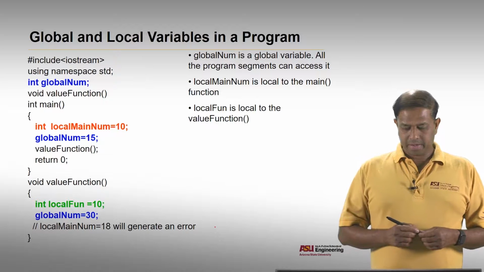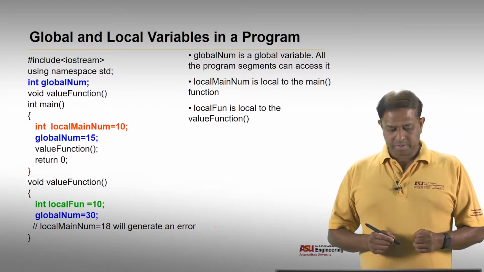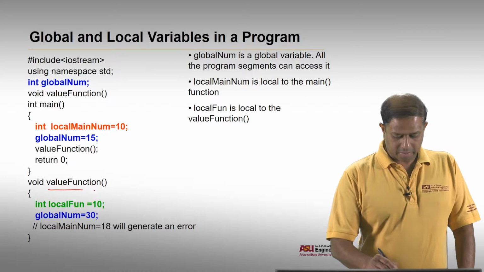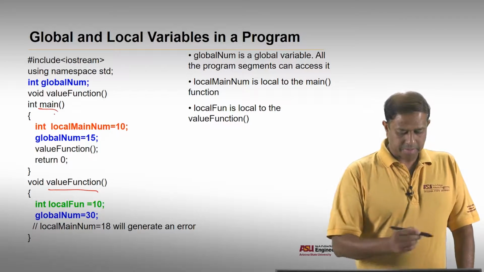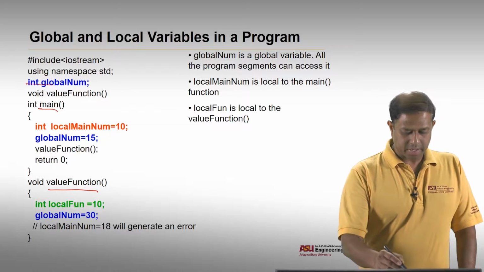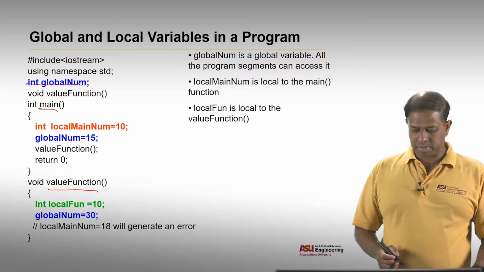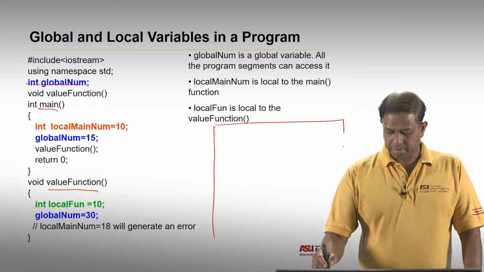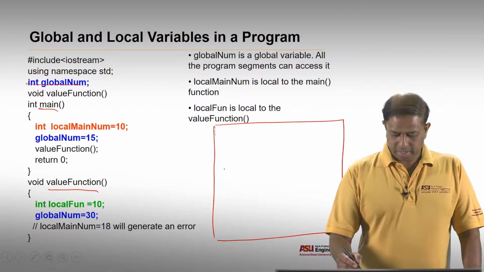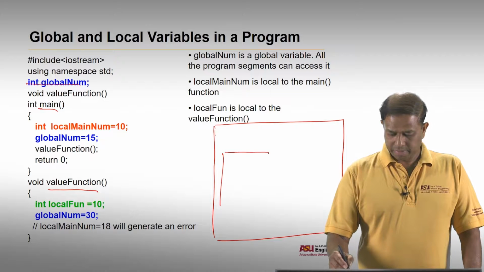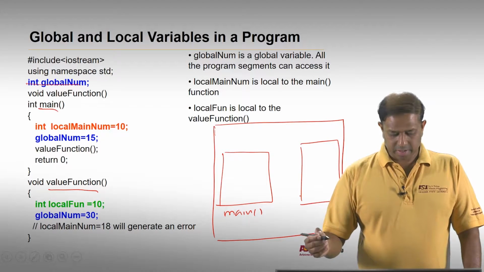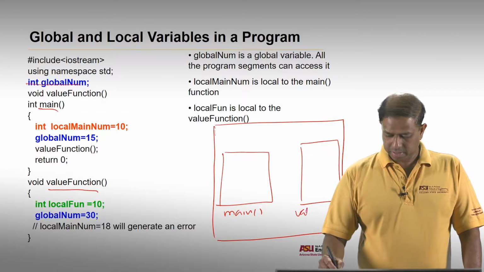Okay. Now here is one example. In this particular program we have a method called value function, and then we have the main method, and then we have the global area data member also. Now if you draw the memory map for this particular program, we have the large memory area for the whole program, and then we have a memory area for the main, and then a memory area for the value function.